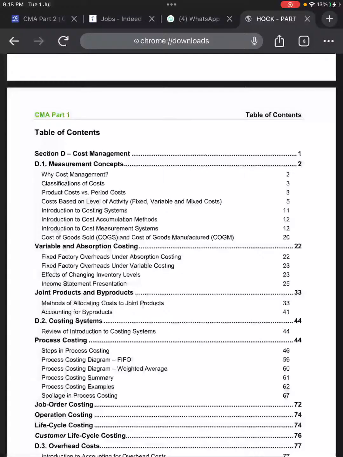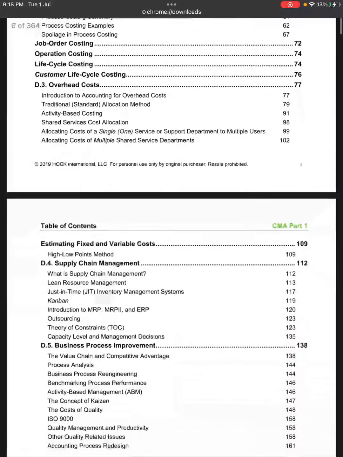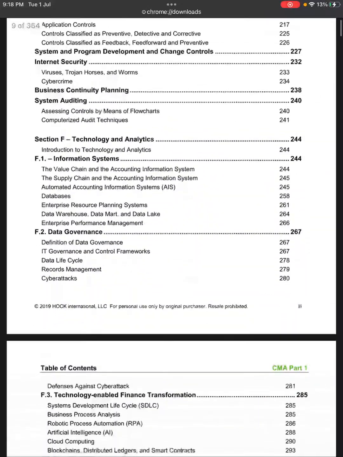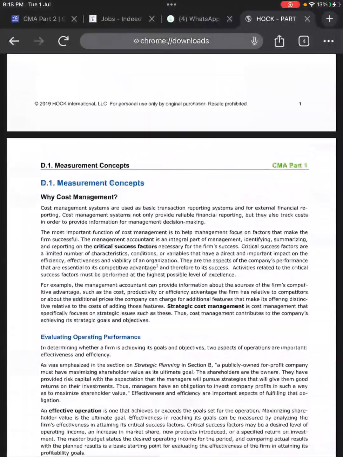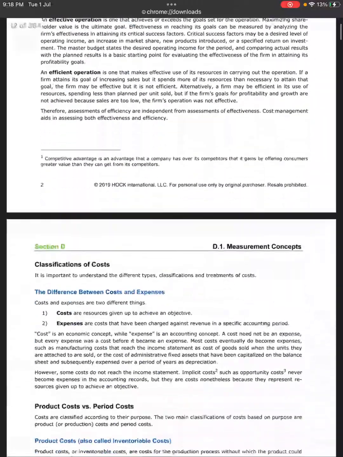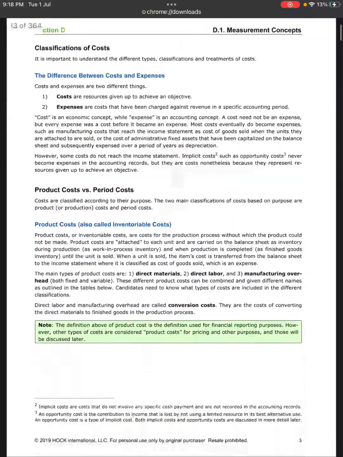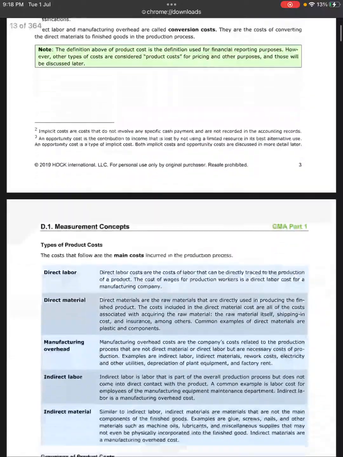Absorption costing, also called the full cost system, includes fixed cost and variable cost, and manufacturing cost in inventory. Okay. And I will show you the detailed definition of absorption costing.